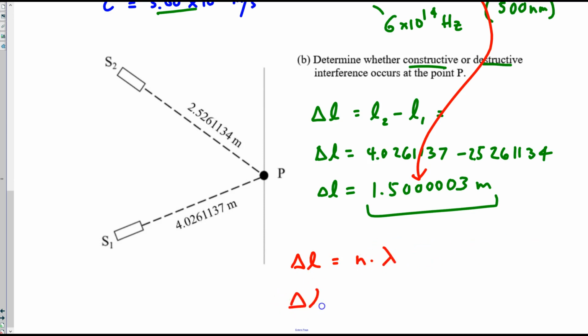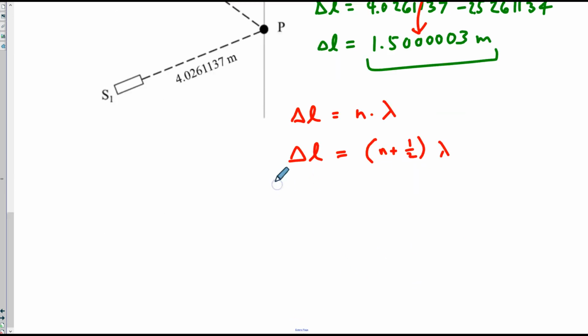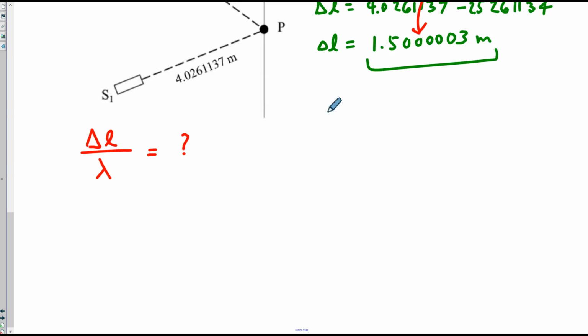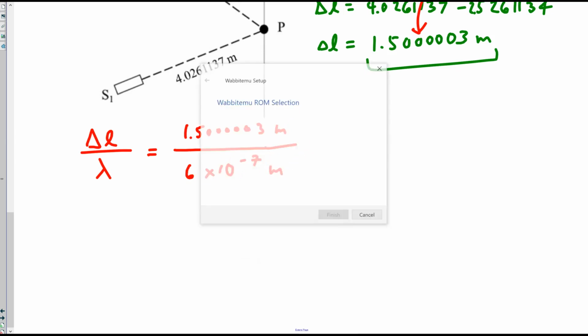Or is the path difference equal to an integer plus 1/2 times lambda? Which one? Well, to figure out whether it's a whole number or a half, you need to isolate that part of the equation. Let's take delta L, the path difference, and divide by lambda and just see what we get. Is it 10, 5,000, 5,000.5? When we do the division, 1, 2, 3, 4, 5 zeros, and it's 6 times 10 to the minus 7 meters. Let's see what we get.